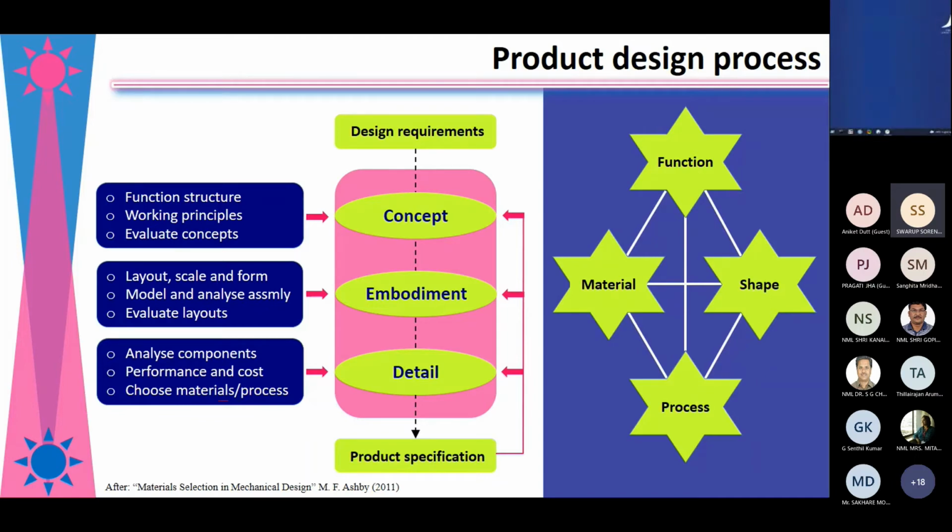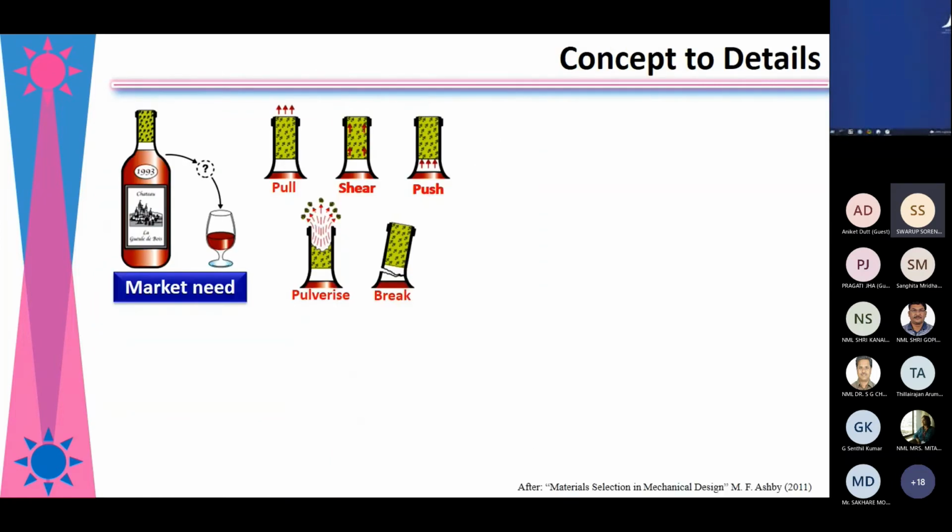Now, just an example of a concept to details, how the concept, embodiment, and other details are formed. There is an example for this. Here you see there is a wine bottle, and this had to be transferred to a glass, and the customer wants that we can transfer this very easily.